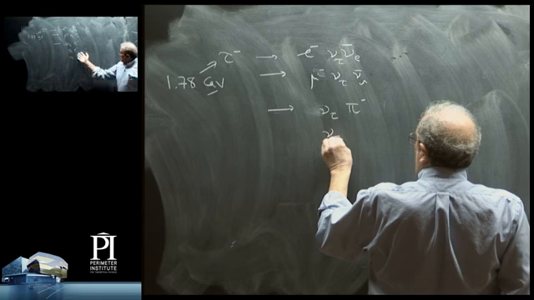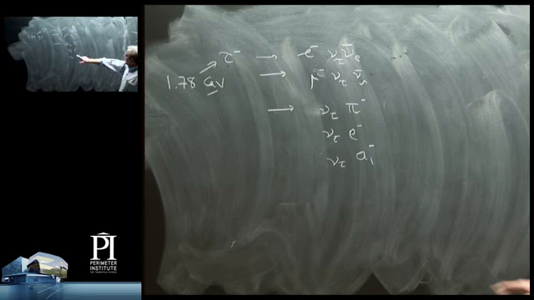And then there's a list of other decays. Basically, it can decay to a neutrino plus anything you can produce from a current. The current is the J minus V minus A. So the axial, the odd parity part, can produce this, and the even parity part can produce that.